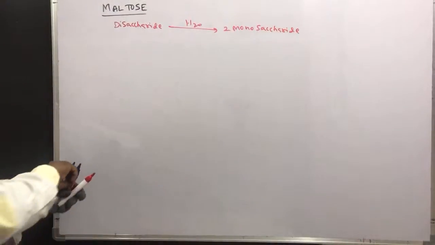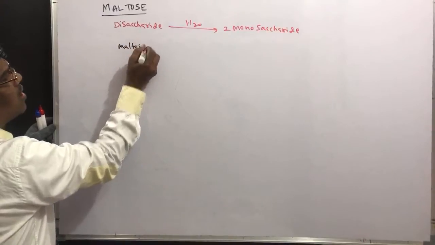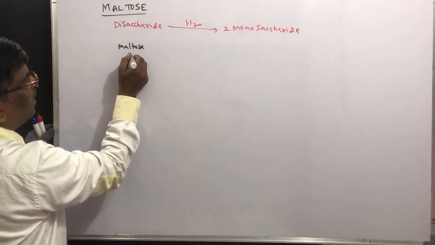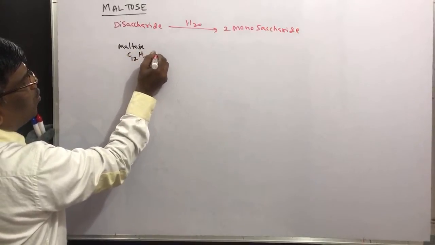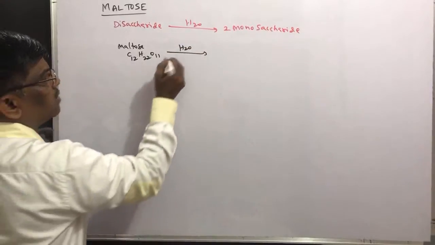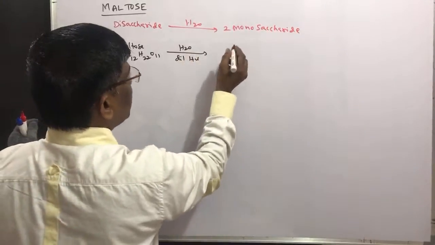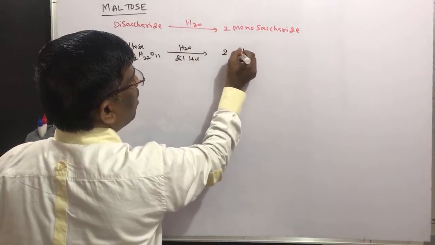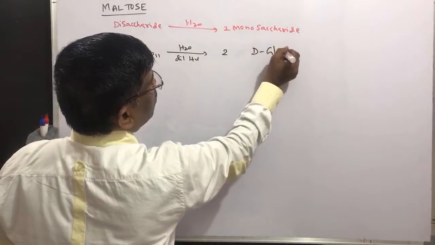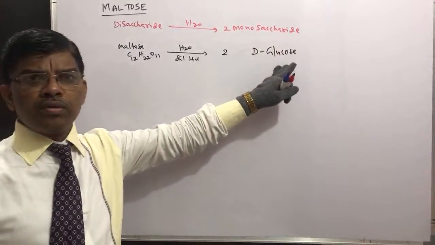The molecular formula observed is C12H22O11. Upon hydrolysis using dilute HCl, it is going to give 2 moles of alpha D glucose. That means it is going to have 2 glucose molecules.